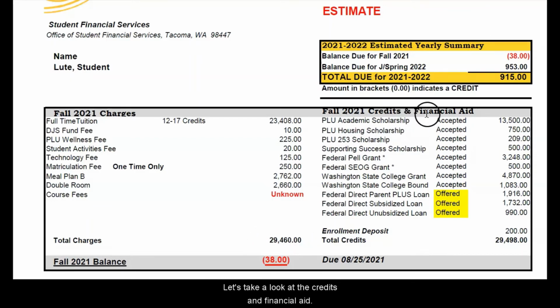But let's take a look at the credits in financial aid. Most of the financial aid is automatically accepted, like the PLU academic scholarships, housing scholarship, and the PLU 253 bound. There's also federal aid, like the federal Pell Grant and SEOG, and state aid, the Washington State College Grant and college bound scholarships.